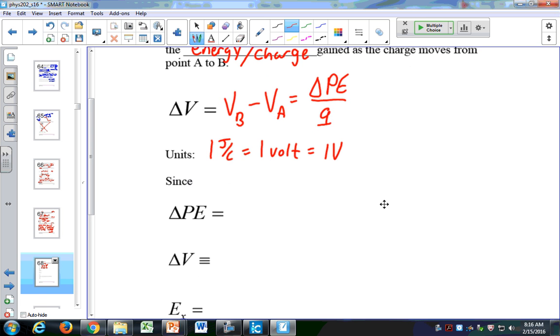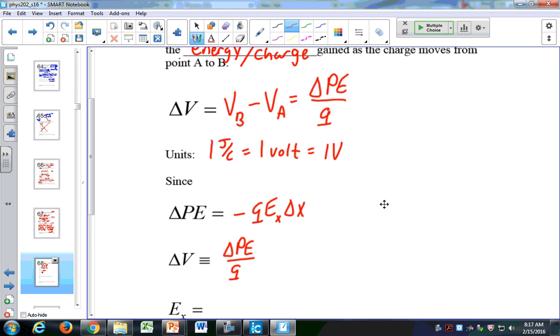And then also, since I say that delta PE is equal to negative QE times delta X, and here I'm going to put in a little subscript X, because in order for this really to be true, my electric field and my change in displacement have to be in the same direction. We'll see that later. And delta V is delta PE per charge, energy per charge.